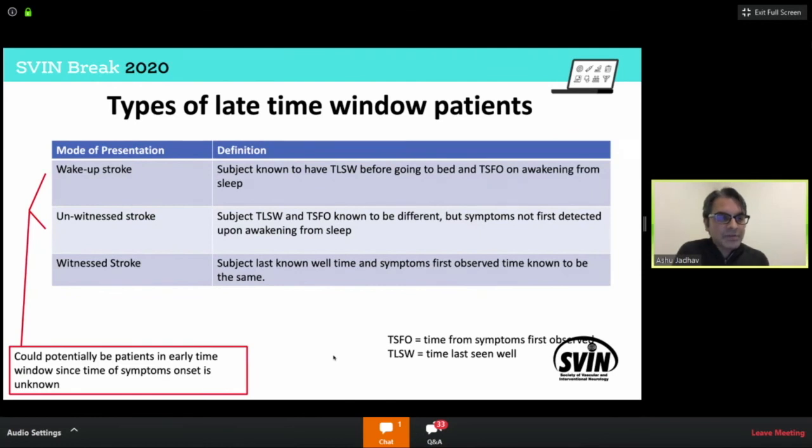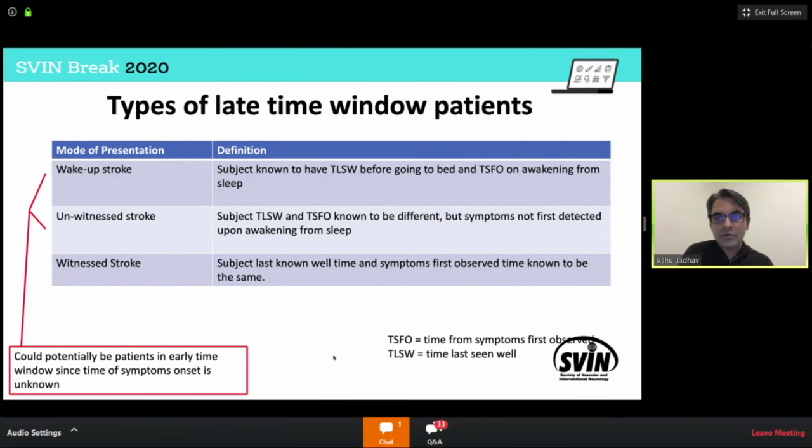When you think about wake-up stroke and unwitnessed stroke, one consideration is that potentially these are early time window patients. So for example, it's known that there is a higher risk of atrial fibrillation, and there's a cortisol spike early in the morning.